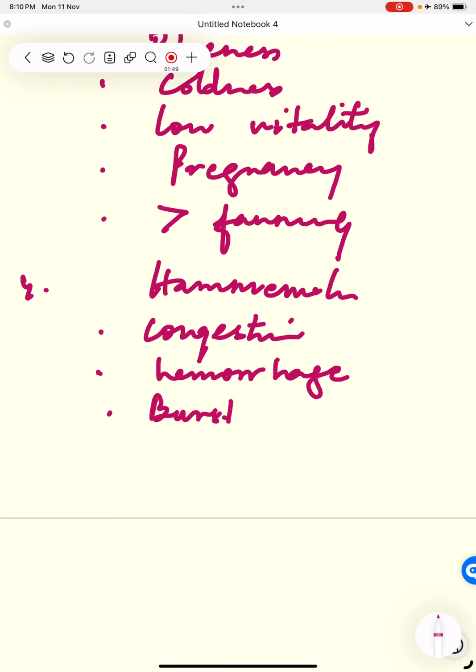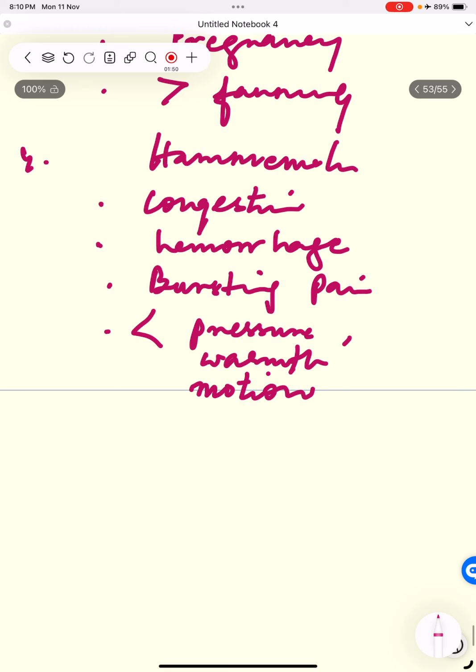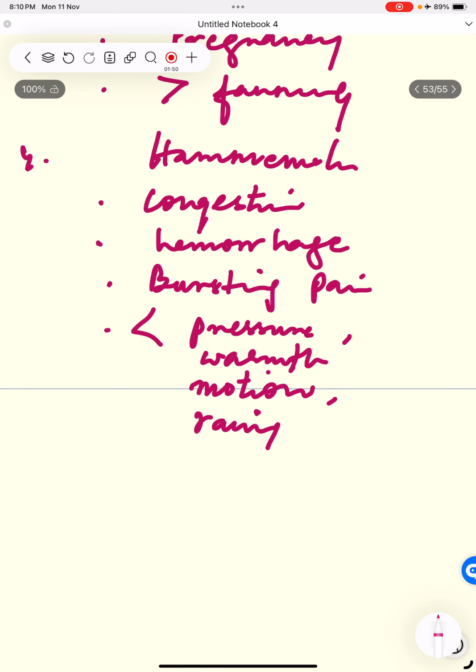Patients will have a bursting kind of pain in their limbs, which is worsened by any form of pressure or warmth or motion. Patient will have difficulty moving around, and also during rainy weather they will have worsening of the symptoms.